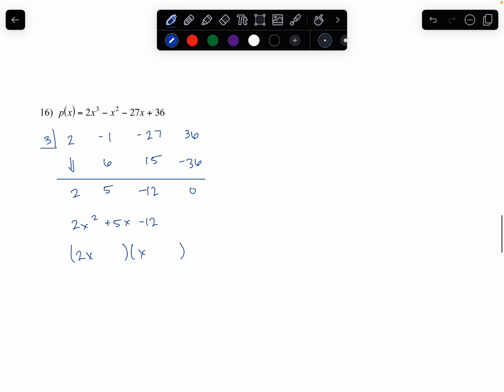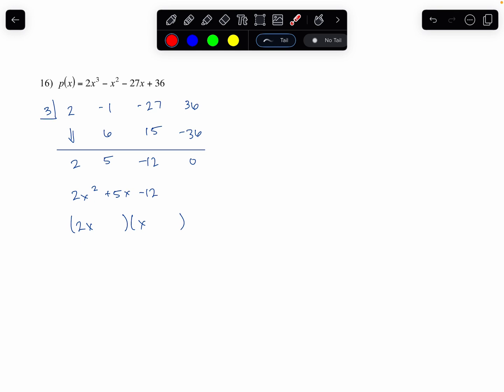I don't know what I'm even saying. These two numbers have to multiply to be negative 12. But the inner and outer terms, when multiplied, have to add to be 5. That's what I meant to say.